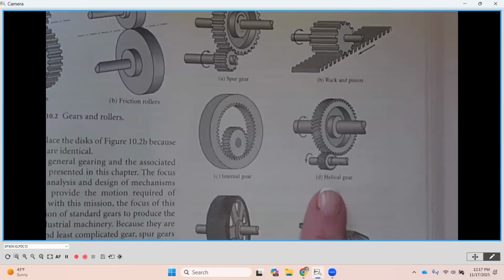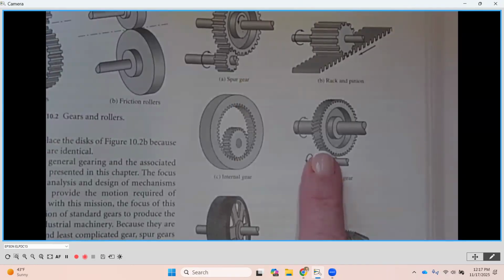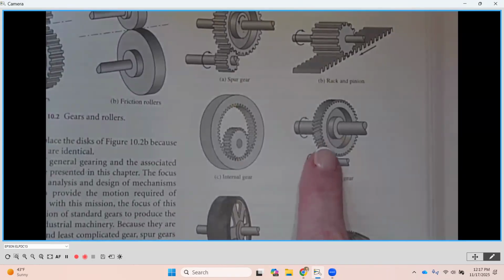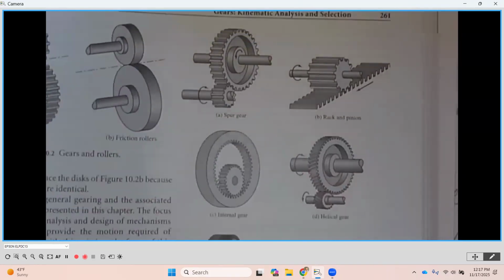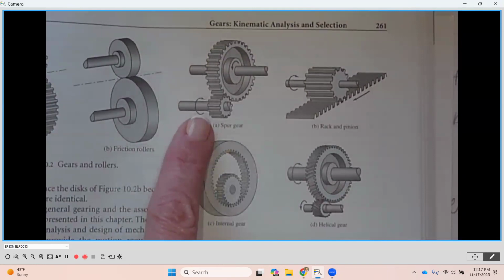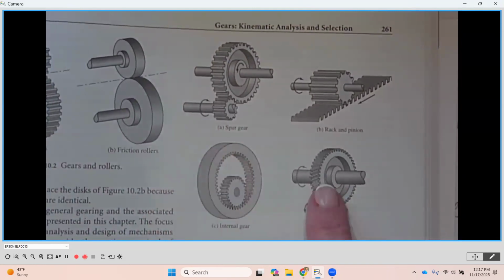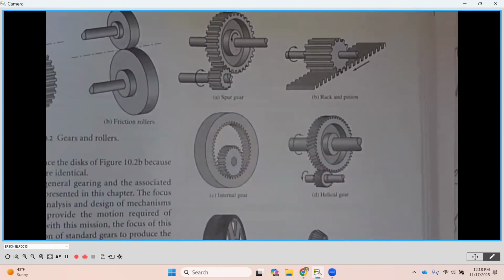The next one that we see here, these are called helical gears. If you look closely, the helical gears have the teeth, instead of being straight across or parallel to the center line, at a little bit of an angle. Okay, so if we just compare spur gear to helical, you see this angle occur.